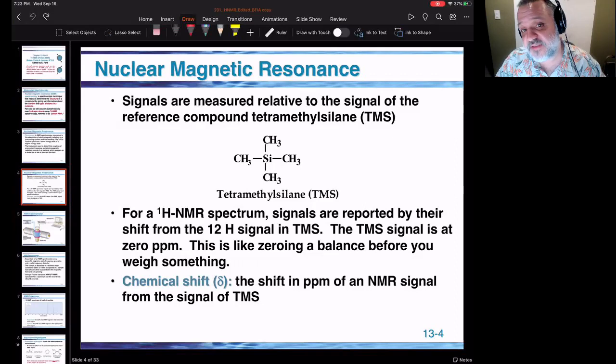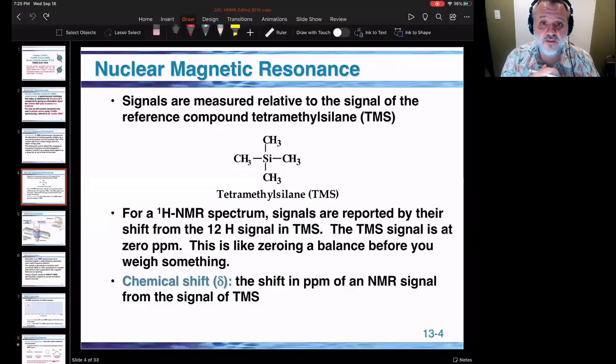TMS will be the 0 on the scale, and we will use parts per million to describe the location on the scale. The reason I'm talking about this scale is because unlike IR, NMR has a really powerful where-is-the-peak-appearing determination of structural motifs.